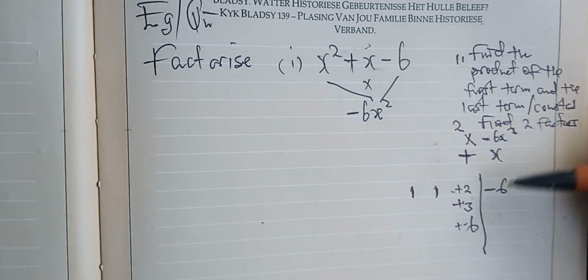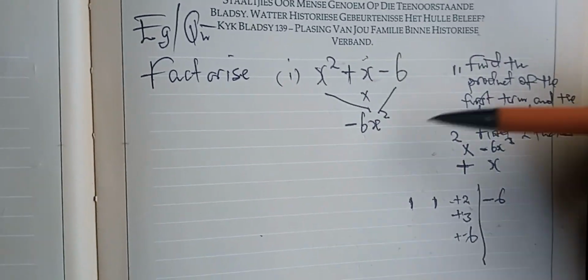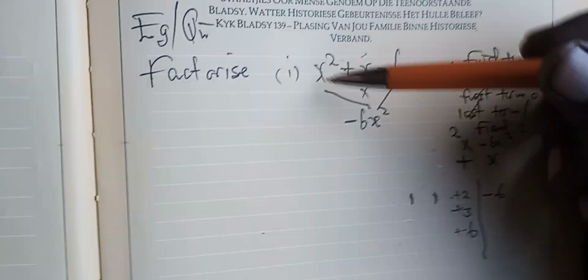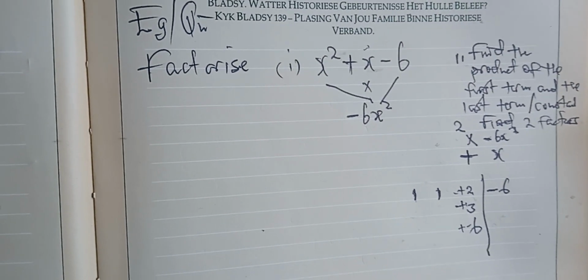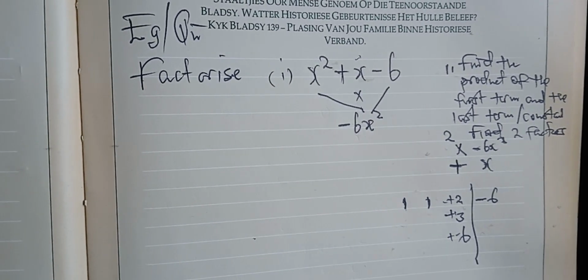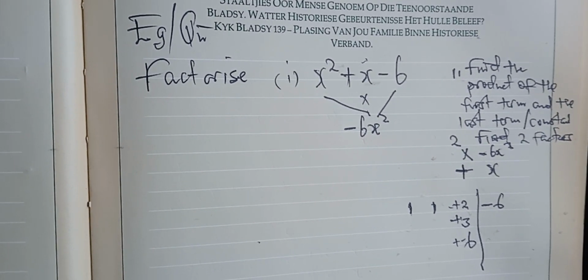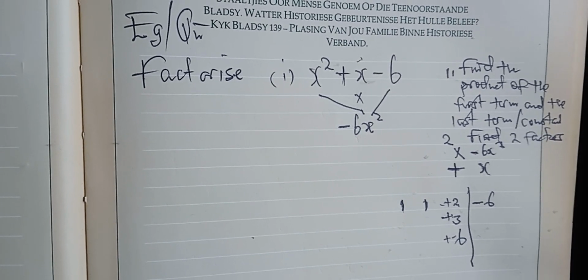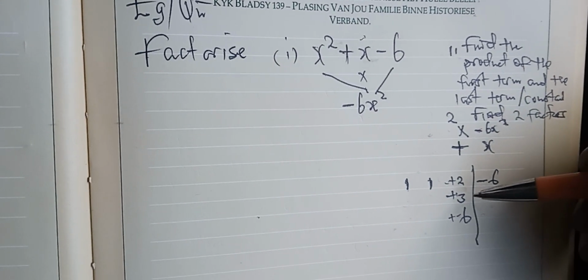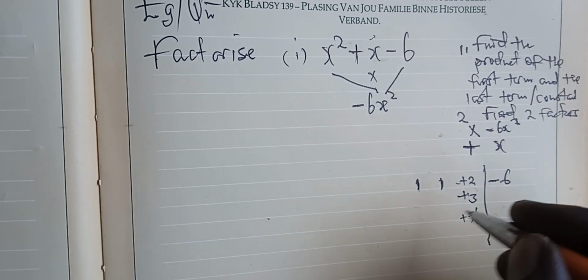So out of these factors for the middle term and the product of our first term and the last term, you are going to realize that the factors that we need are negative 2 and positive 3.